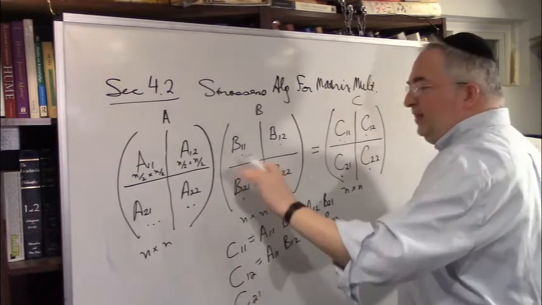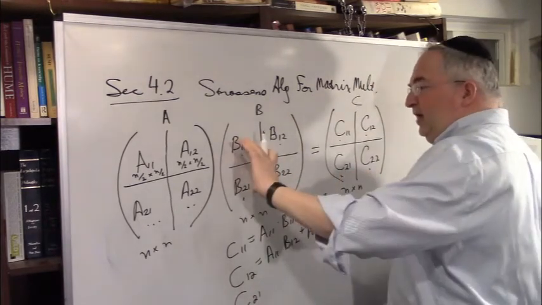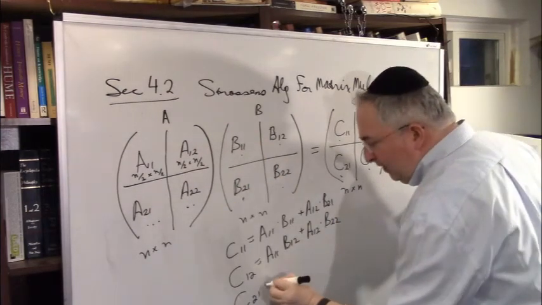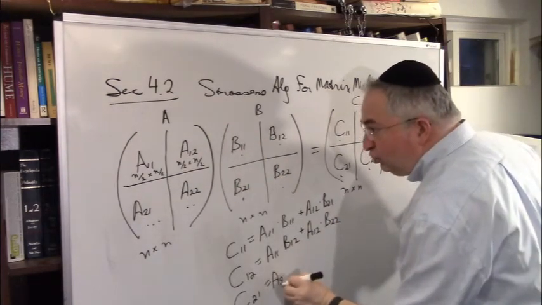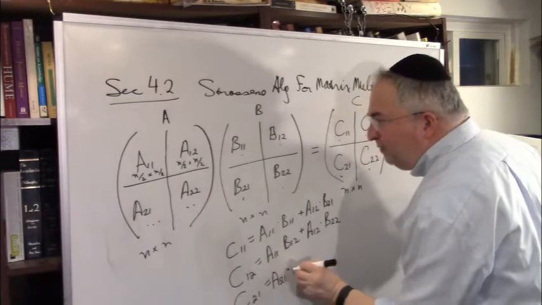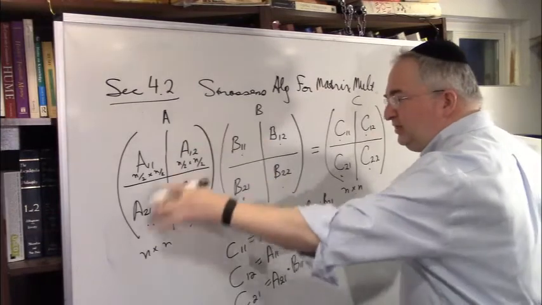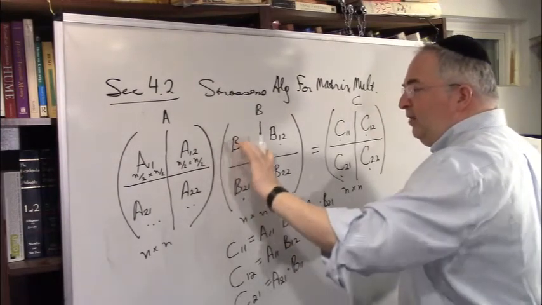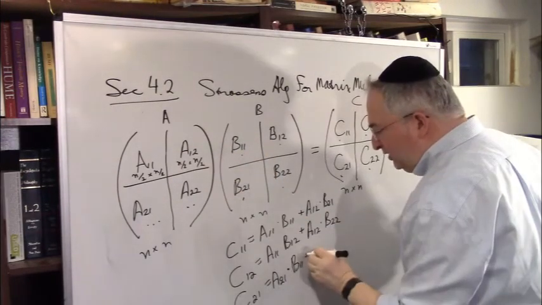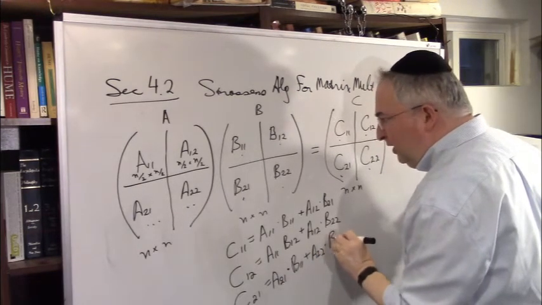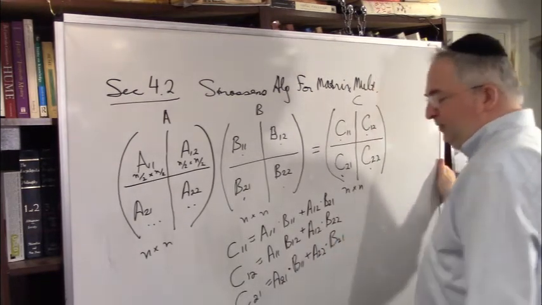Next, C21, that's down here. That's going to be this times this. So it's going to be A21 times B11, plus A22 times B21. Okay?